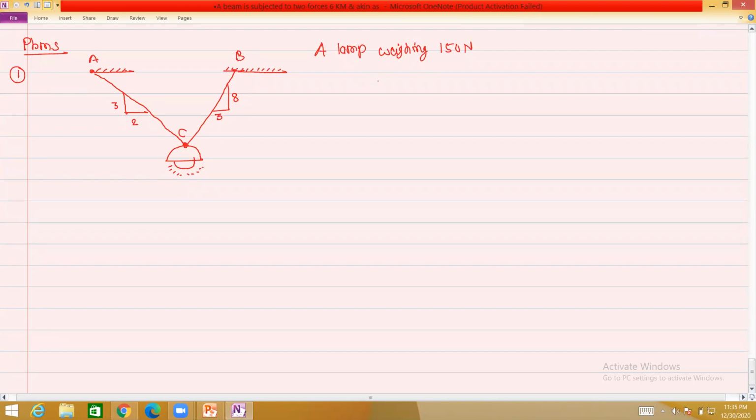The problem statement is: a lamp of weight 150 Newton is supported by two cables, as shown in figure. Find the force developed in the cable.